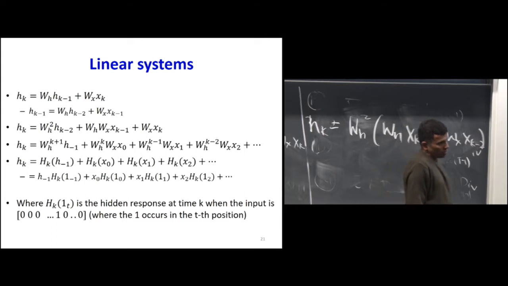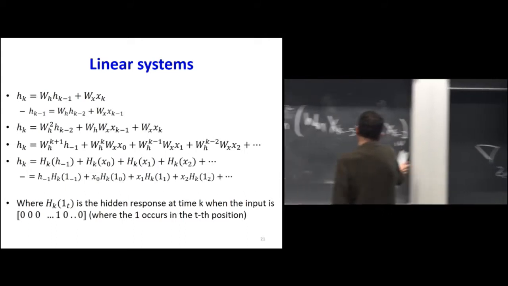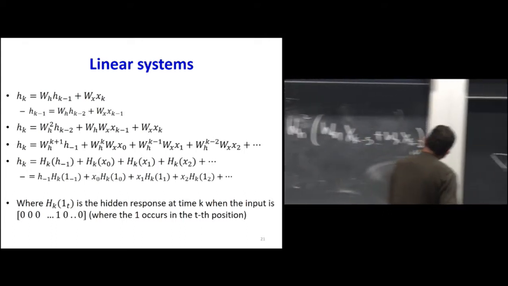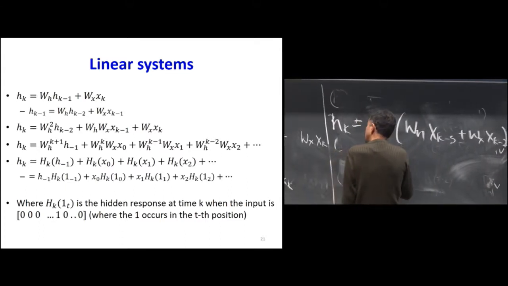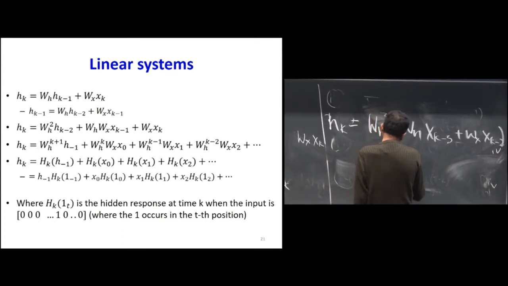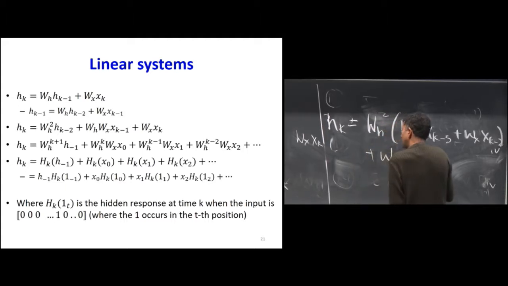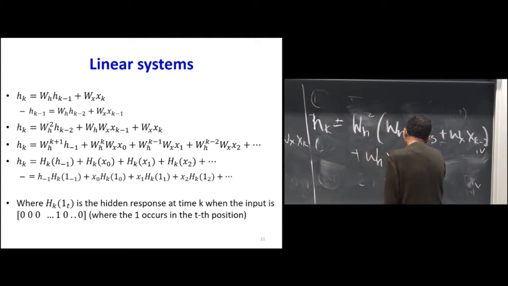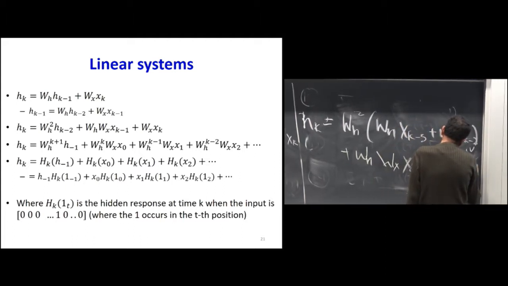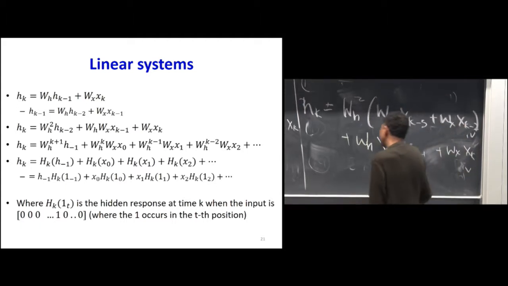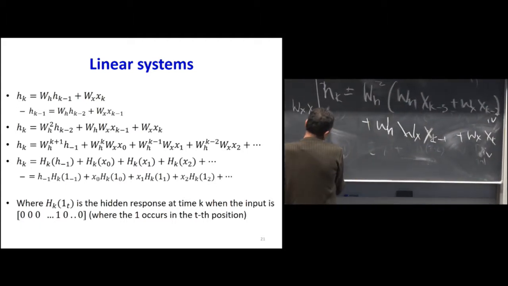Okay. So plus whatever else we've got, which is WH times WX xk minus 1, plus WX xk. And that's simply going to become, somebody want to expand that for me?